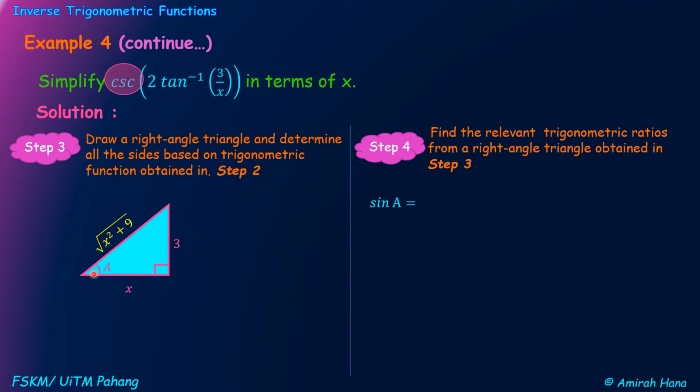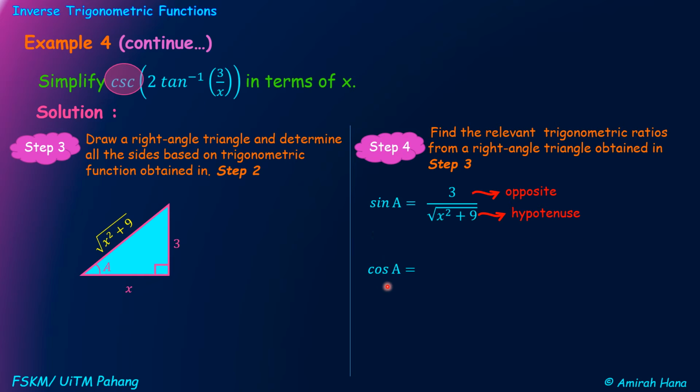Sine A equals 3 over square root of x squared plus 9. 3 is the opposite and square root of x squared plus 9 is the hypotenuse.